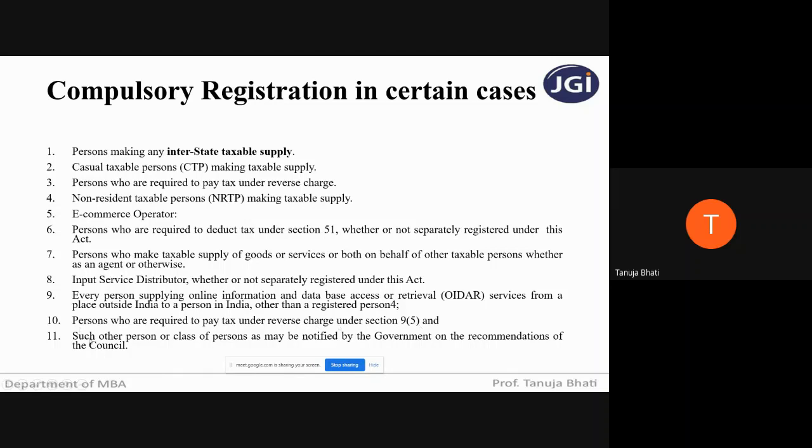Next, such other persons or class of persons as may be notified by government on the recommendation of council. So again, the government may notify certain categories of persons only on the recommendation of council. They are required to be compulsorily registered under GST. So these are the certain categories of persons who are compulsorily required to get registered under GST.